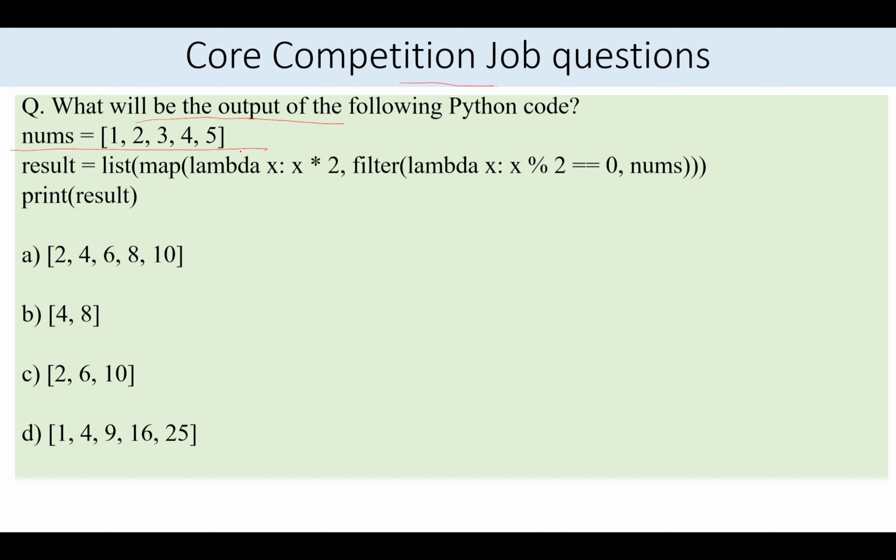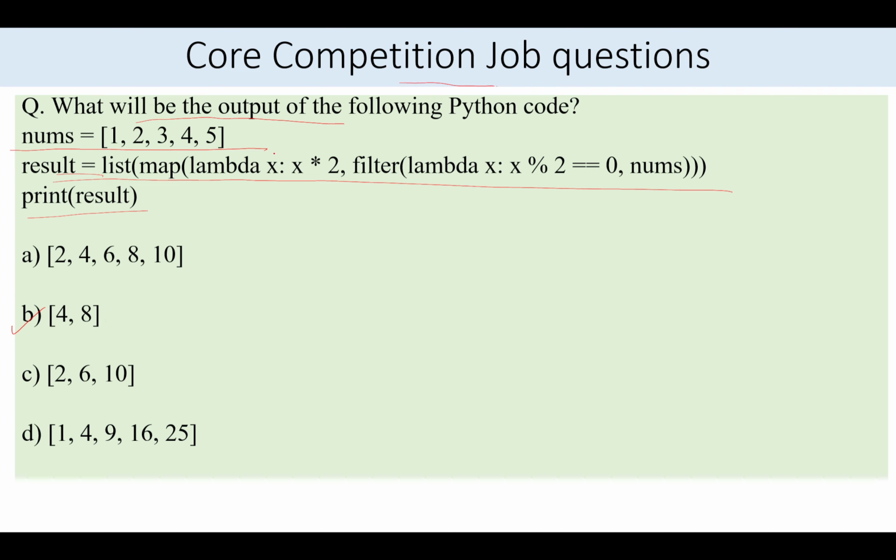This is my list and these are my elements 1 2 3 4, and here I am using lambda functions. Just now I covered them, and I want to display something here. There are four options. So I think you can guess what the correct answer is. Yes, this one is correct, but I am going to justify it.